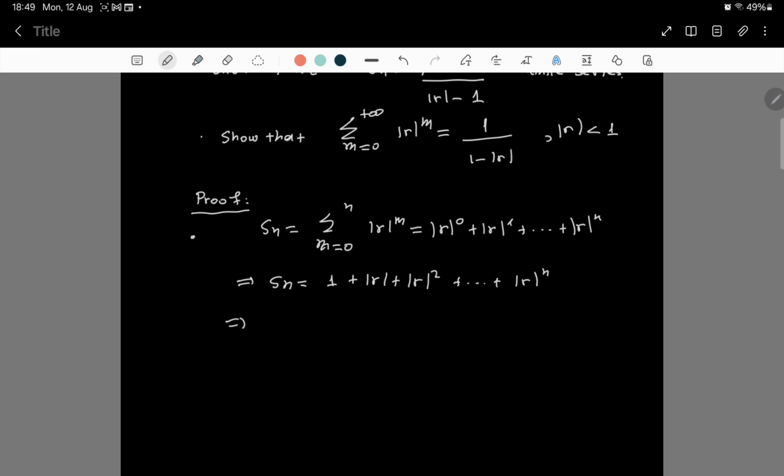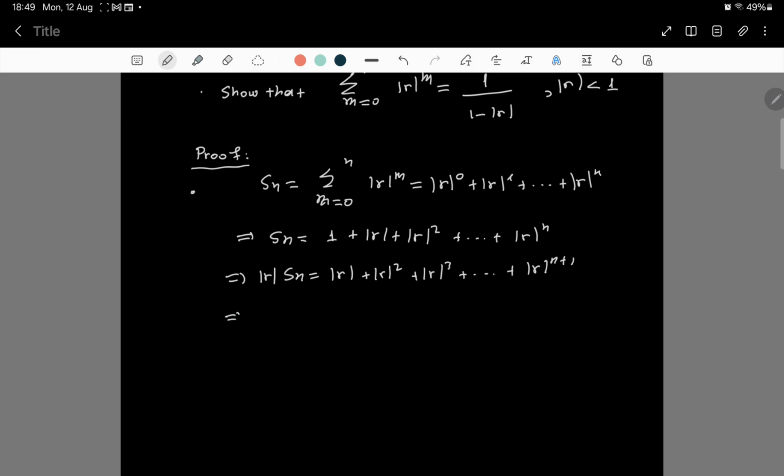Now multiply that by r times Sn. So this multiplies the right hand side: r plus r squared plus r cubed plus up to r to the power of n plus 1.